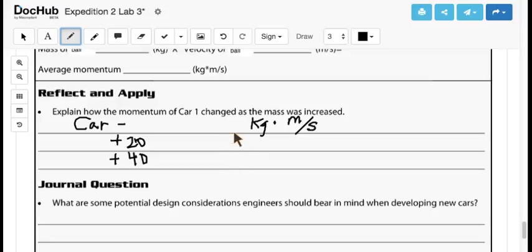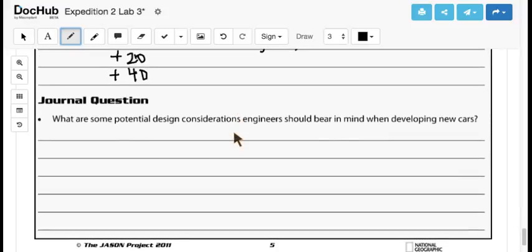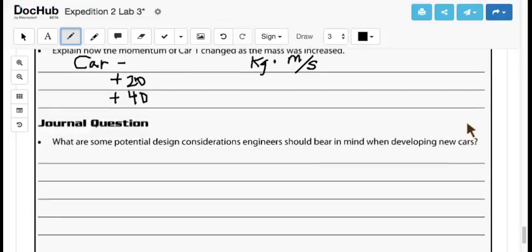It says, what are some potential design considerations engineers should bear in mind when developing new cars? All right. So from the videos and the stuff that Matt Brumbelow talked about in the videos, think about some of those considerations that have to deal with things like speed, velocity, momentum, acceleration, all those terms that we've been talking about.